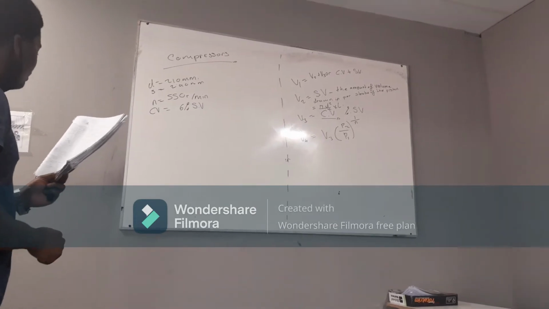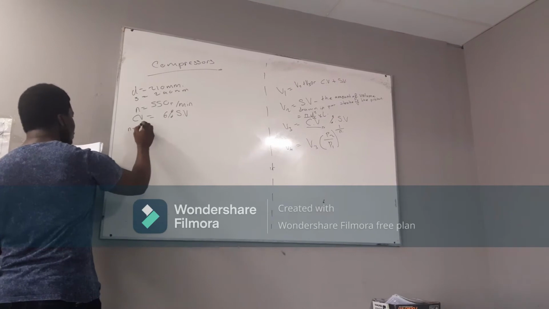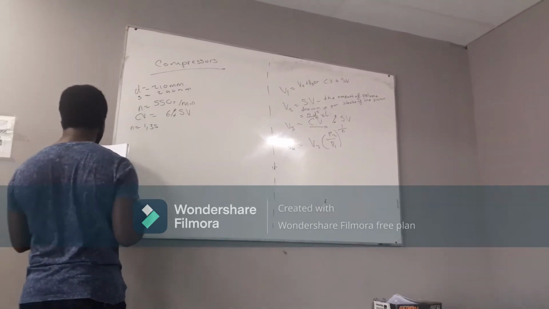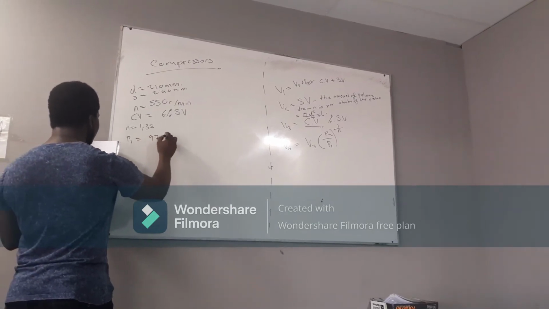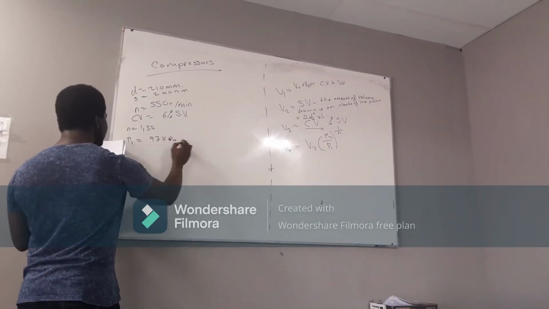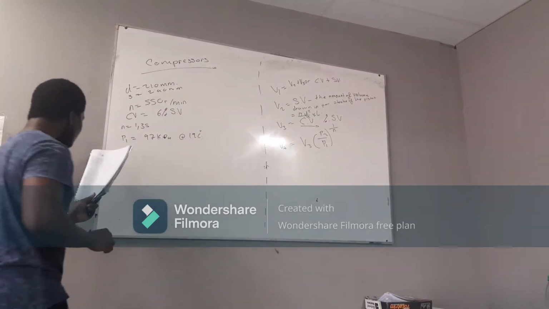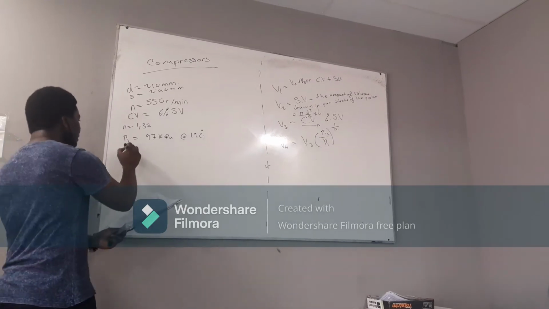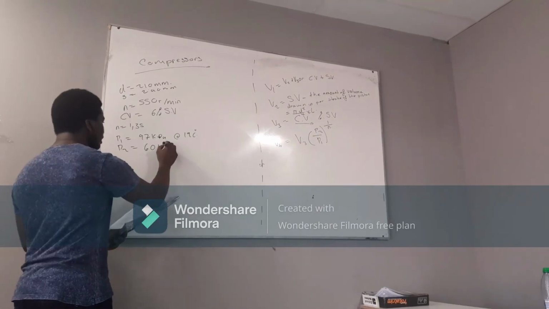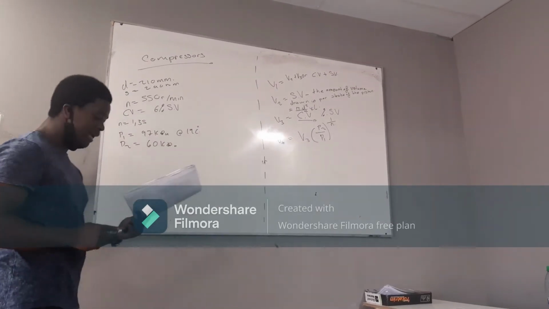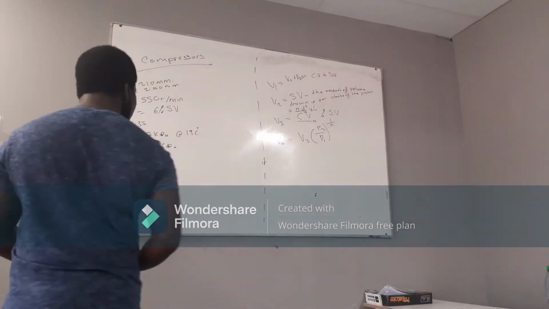Now, the polytropic index n is 1.35 throughout. Intake conditions are P1, 97 kilopascals at a temperature of 19 degrees Celsius. The compression pressure is 600 kilopascals, kPa. Determine V1, V2, V3, and V4.